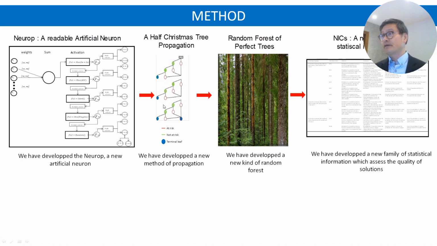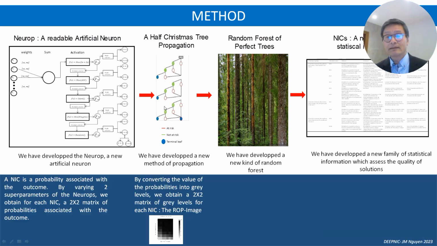With these 3 families of statistical information, if you vary two super parameters of the neuron, we can have for each feature 10 pieces of information that can be represented on a 2D matrix. One dimension is the number of features included in each neuron, and the other dimension concerns the range of simulation.